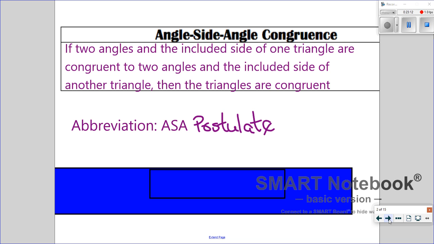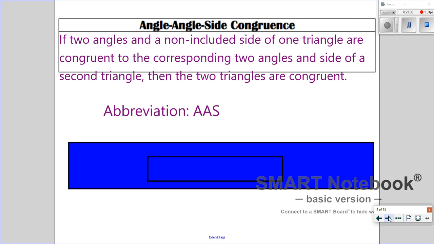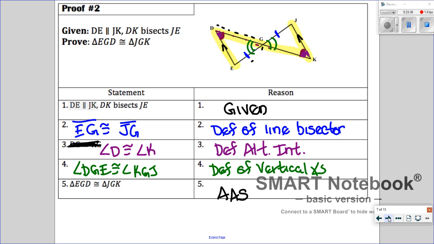So you've completed the four different types of congruency used to prove that triangles are congruent: side, side, side; side, angle, side; angle, side, angle; and angle, angle, side. You learned all four, and now you'll be able to prove if two triangles are congruent to each other. All right, this is the end, and see you around.